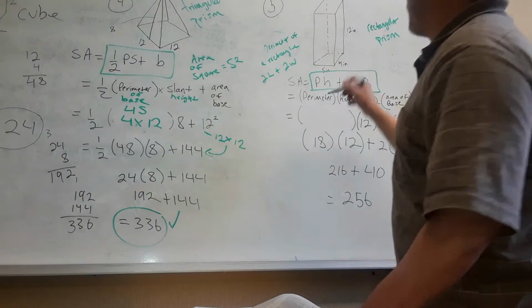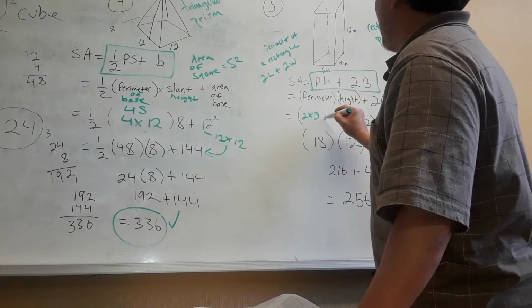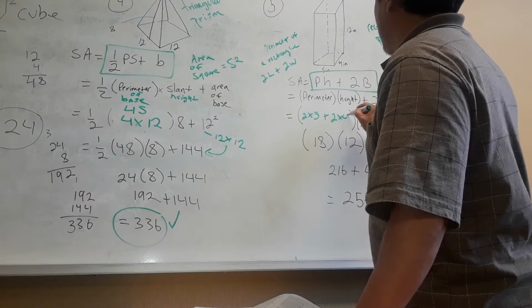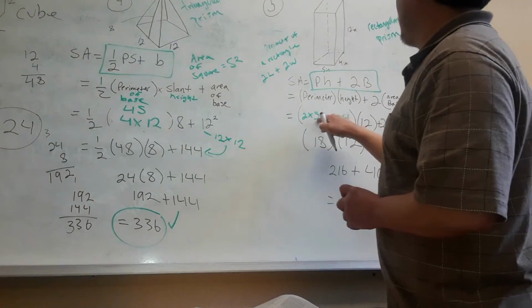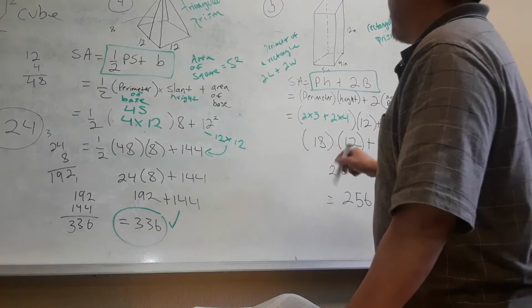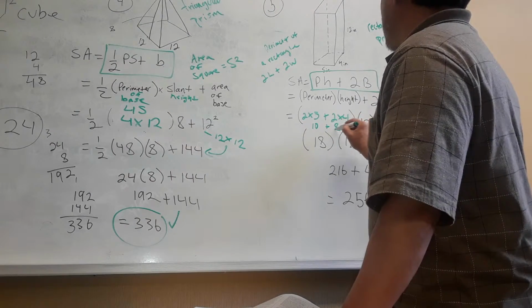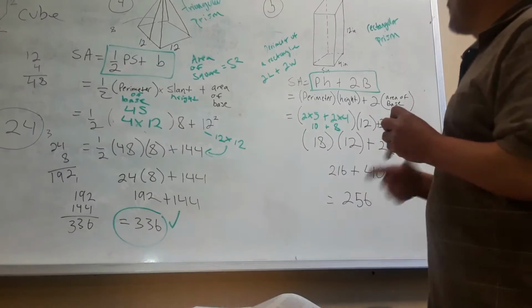The length is 5, so it's going to be 2 times 5 plus 2 times 4. 5 is the length, 4 is the width. So 5 times 2 is 10, plus 2 times 4 is 8. And that's how you got your 18. Or if you do 5 plus 4 plus 5 plus 4, you get the same thing. But it's good to follow the formula.